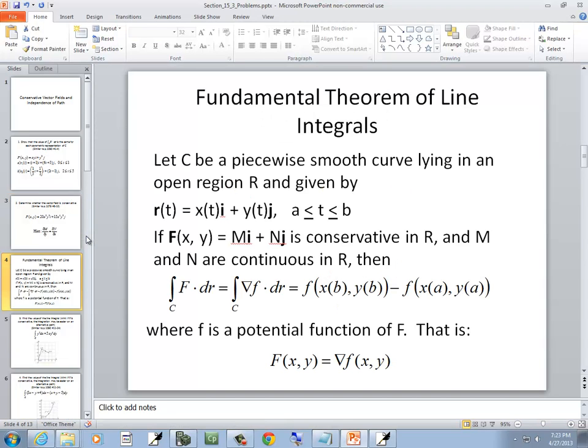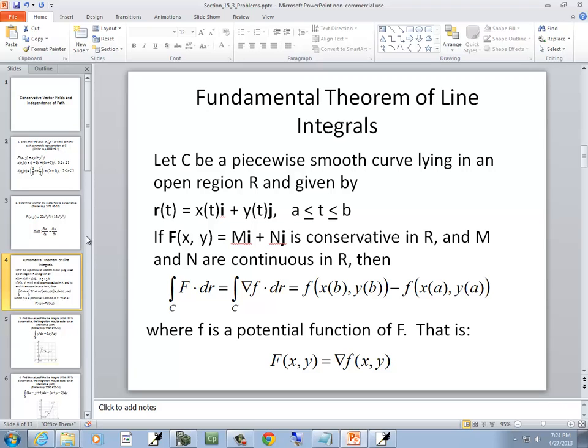Okay. The fundamental theorem of line integrals. It says let C be a piecewise smooth curve in an open region R, given by r of t equal to x of t i plus y of t j, with t being from a to b. If f of x y equals m i plus n j is conservative in R, that's key, it's got to be conservative, and m and n are continuous in R, so there's no place where they're discontinuous.